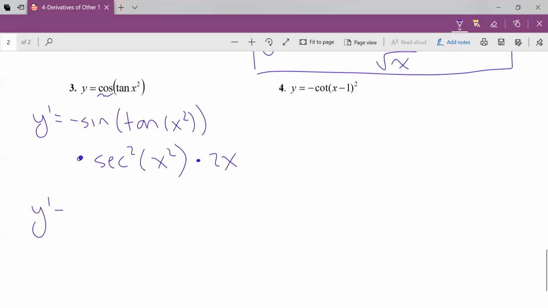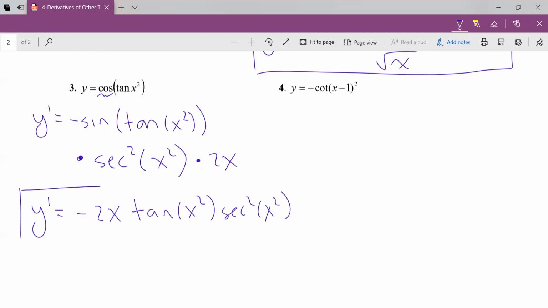So now we bring that 2x to be our lead coefficient: negative 2x, then tangent x squared, secant squared x squared. I'm sure there are some identities we could use in here, like turning tangent into sine over cosine, but don't feel the need to. You're done.